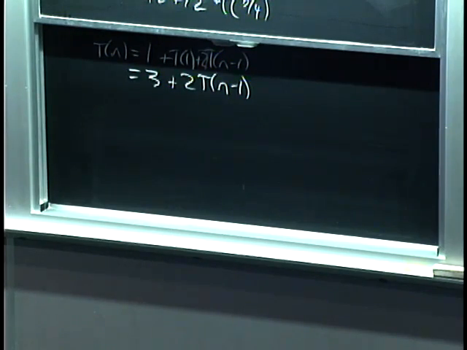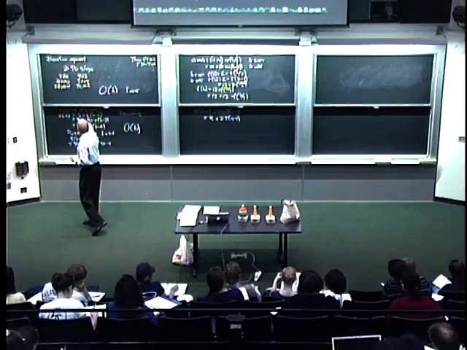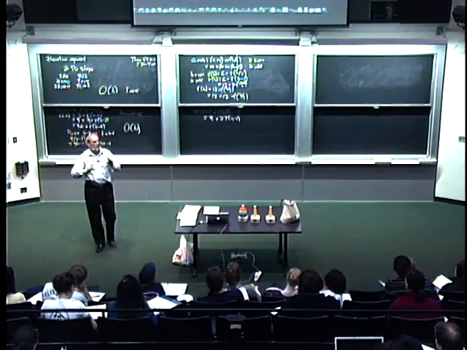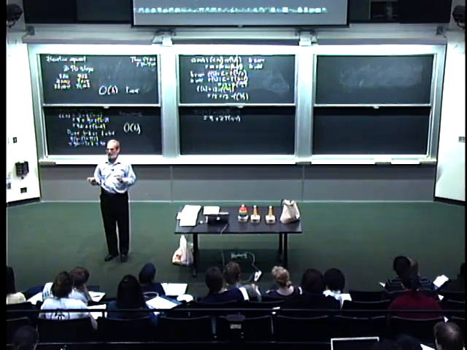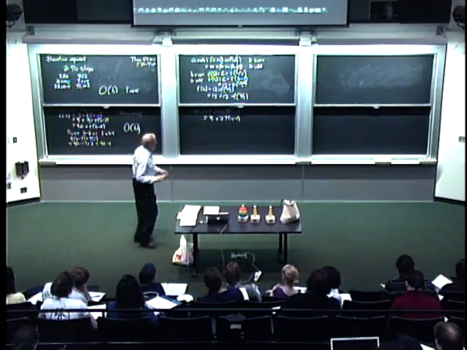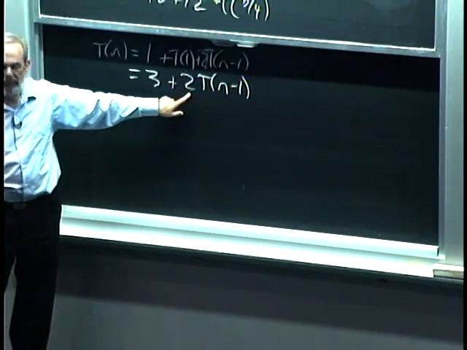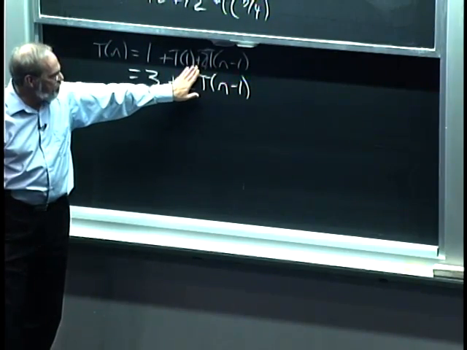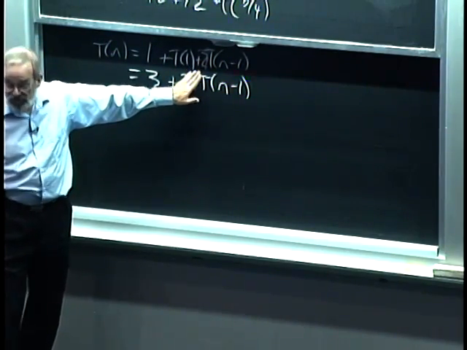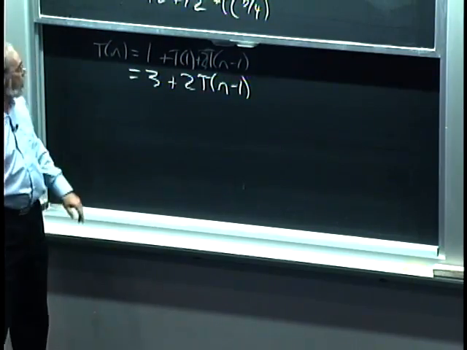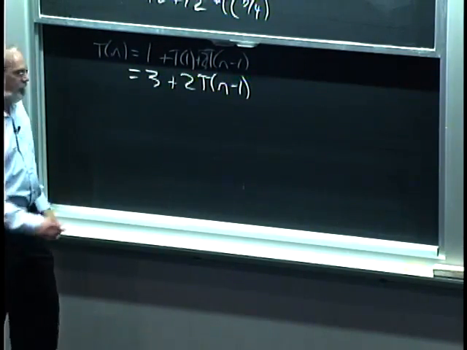Now, you might look at that and say, well, that's just a lot like what we had over here, right? We had some additive constant plus a simpler version of the same problem reduced in size by 1. But that, too, matters. So let's look at it. How do I replace the expression for T of n minus 1? Substitute it again. T of n minus 1 is 3 plus 2T of n minus 2.